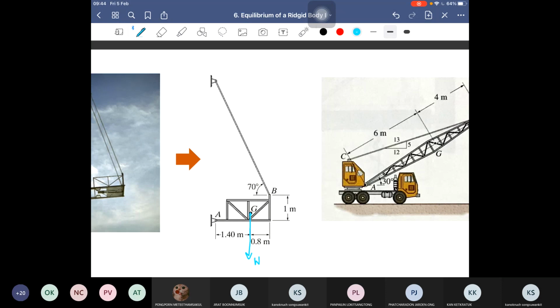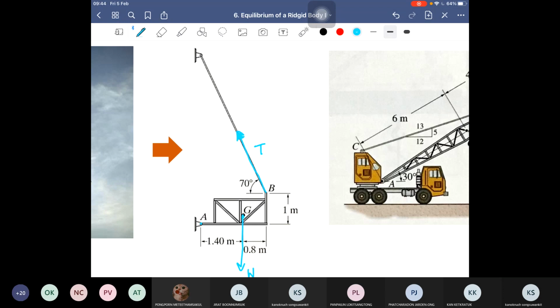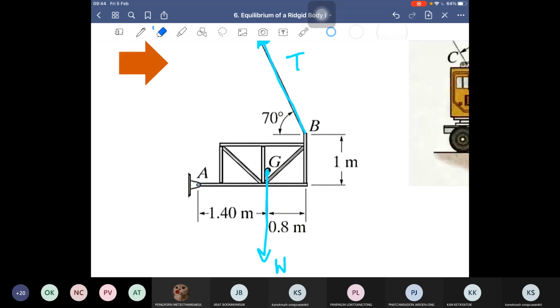The tension always acts out of the body, so in this direction, T. And for the link, this type of support will produce the forces AX and AY.